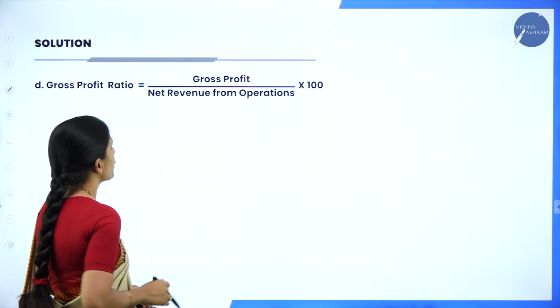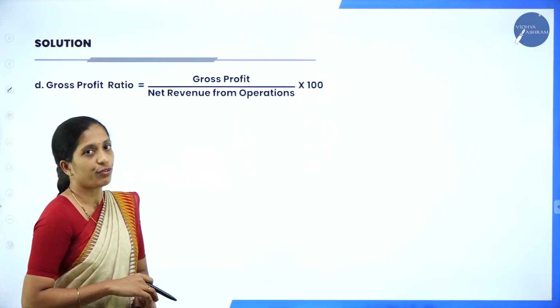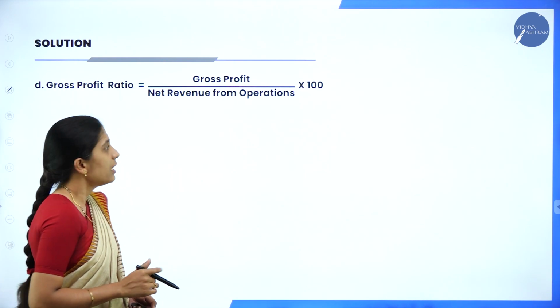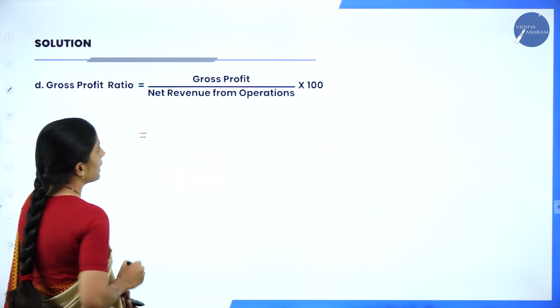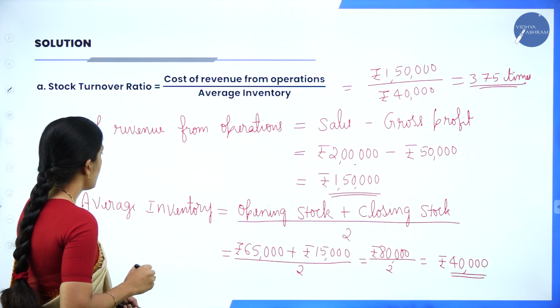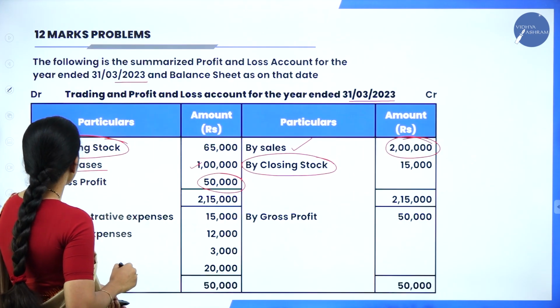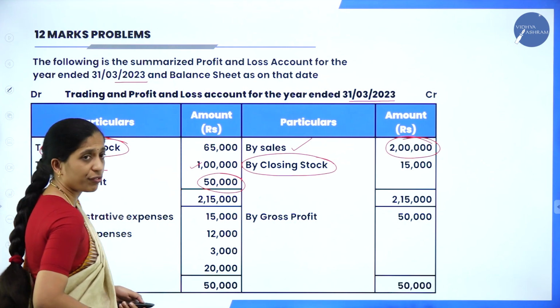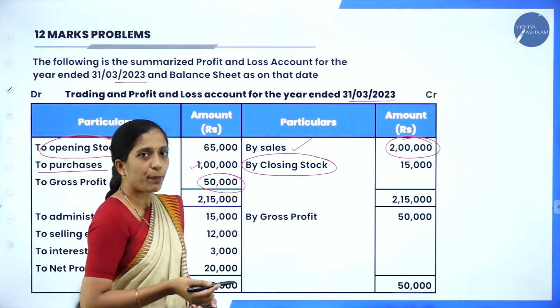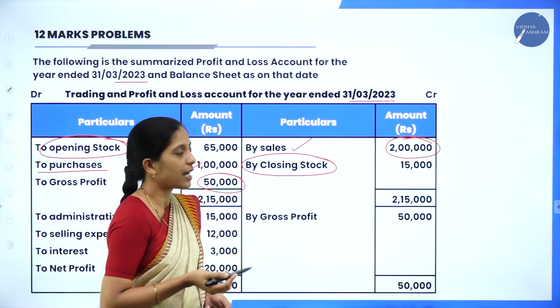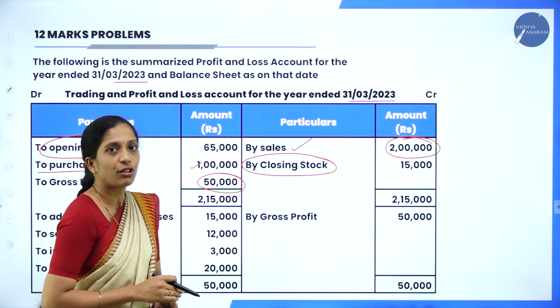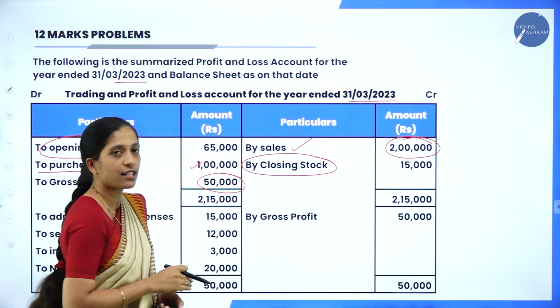Your formula is gross profit divided by net revenue from operations into 100. Now let's see whether they have given us directly. Gross profit will be there, correct? So gross profit is 50,000. Net revenue from operation means your sales, correct? So your sales is 2 lakh.